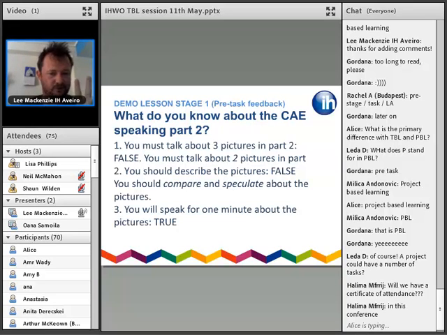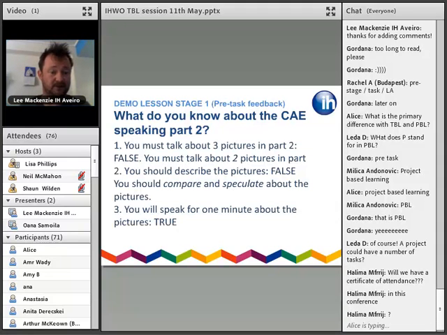You talk about 2 pictures. And should you describe the pictures? Not at advanced level. You should compare and speculate about the pictures. And yes, you will speak for 1 minute about the pictures. So now students have an overview of what they're expected to do in Cambridge Advanced Speaking Part 2.